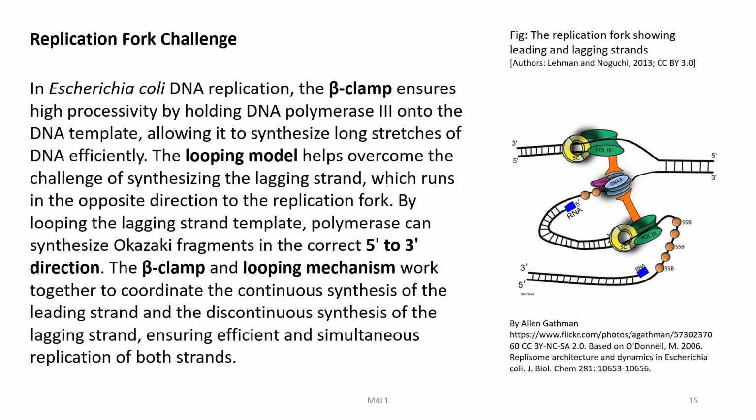By looping the lagging strand template, polymerase can synthesize Okazaki fragments in the correct 5' to 3' direction. The beta clamp and looping mechanism work together to coordinate the continuous synthesis of the leading strand and the discontinuous synthesis of the lagging strand, ensuring efficient and simultaneous replication of both strands.